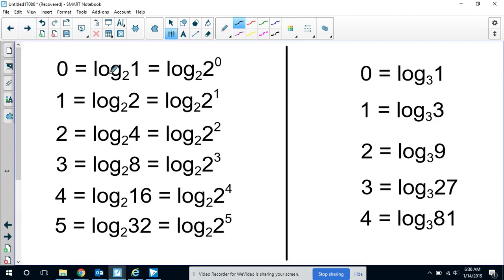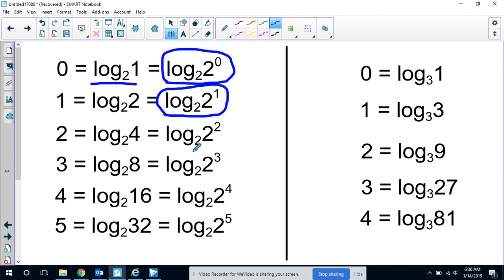Now, if we're looking at what's actually happening here, if we have log base 2 of 1, that's the same thing as log base 2 of 2 to the 0 power. If we have log base 2 of 2, that's the same thing as log base 2 of 2 to the first power, and so on.